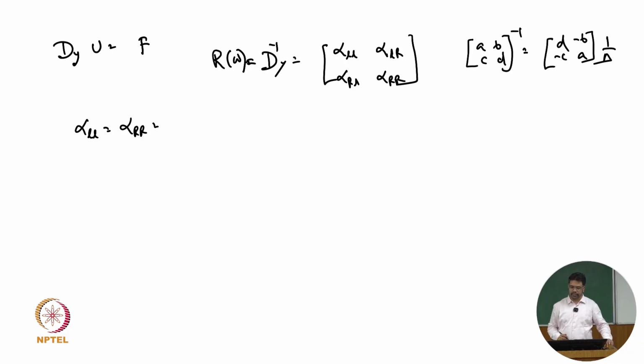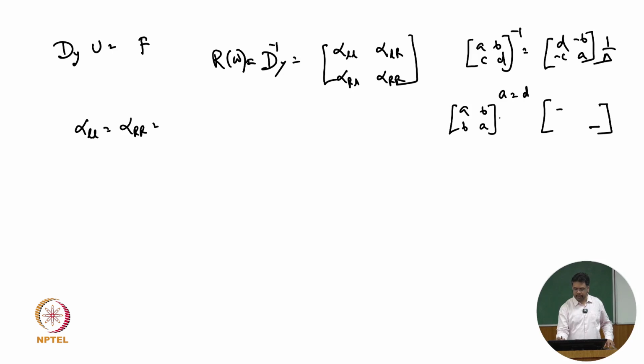Now if A equals D, they will become the same after inverse, and B and C are also the same. So it is like A, B, B, A, and when you invert it, it will be A, minus B, times 1 by A square minus B square. That way the things will come.